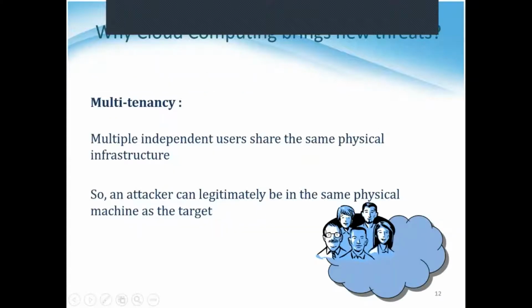And what is multi-tenancy? We discussed it probably in the third unit, I think. Multi-tenancy is a very interesting concept we already discussed: multiple independent users share the same physical infrastructure. Finally, it leads to the attacker being legitimately on the same physical machine as the target.